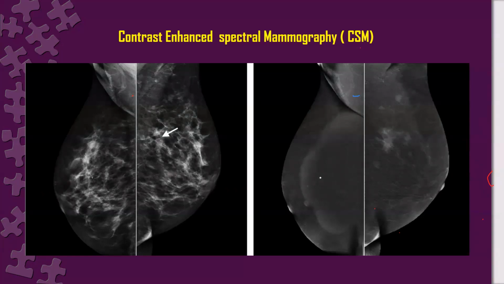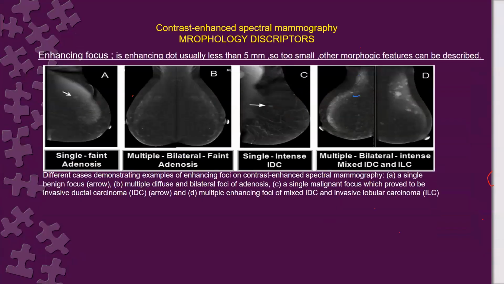A focus, a mass, and non-mass like enhancement. Excellent, well done. What is a focus? A focus is small, less than 5 millimeter. Excellent. So the morphologic descriptors are the same as for MRI.